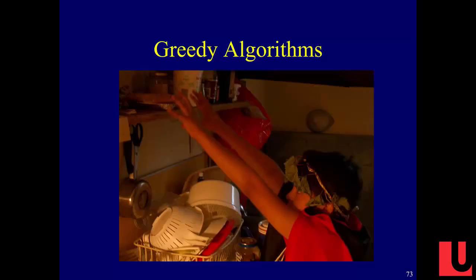Why do we study these algorithms? It's because they're so easy. When you're trying to come up with a new algorithm, it's the first algorithm you're going to think of. And sometimes it will work and sometimes it won't. And you need to appreciate why it works. It has to do with long-term consequences.